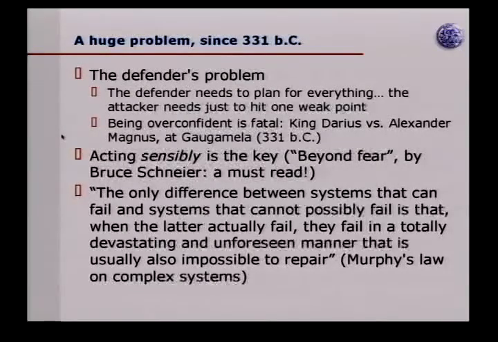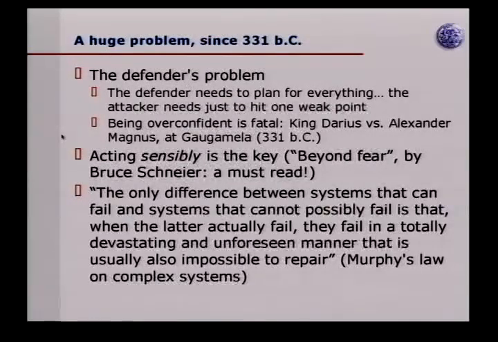We cannot amass an army of firewalls, intrusion prevention systems, whatevers, which is large enough to protect us against all enemies. And acting sensibly is really the key, and I point you to Beyond Fear by Bruce Schneier, which is a must read, in my opinion, for anyone who works in security.